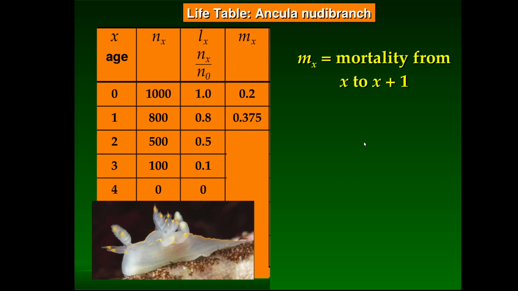At age 1, only 500 individuals survive out of the starting 800.